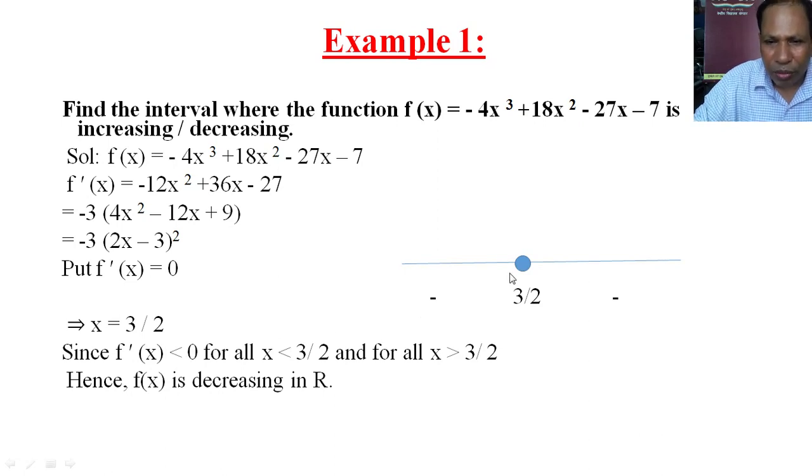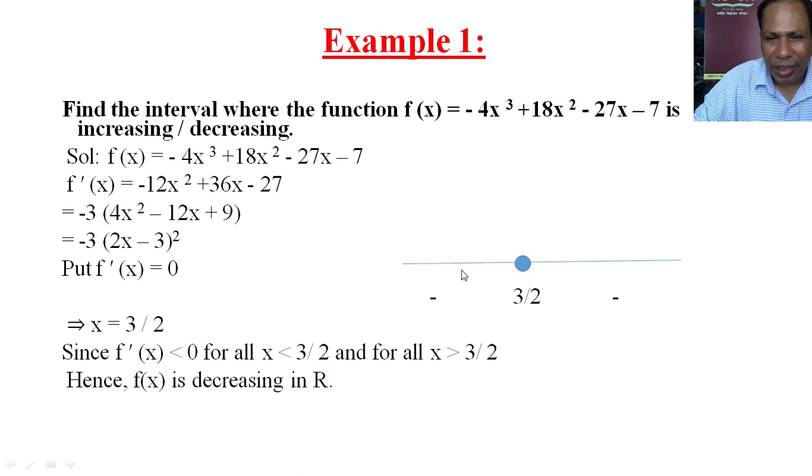Similarly, by choosing any arbitrary value to the left of 3 by 2 and substituting it in f dash x, again we find that it is less than 0, because this is a perfect square, which is always positive. Positive multiplied by minus 3 is always negative.